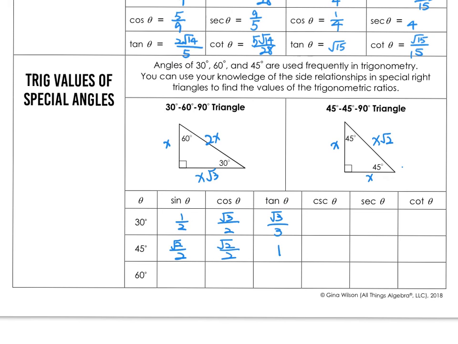And for 60 degrees, opposite over hypotenuse, adjacent over hypotenuse, and then tangent is opposite over adjacent. Okay, once you know sine, cosine, and tangent, the rest is simply the reciprocal of it, and make sure you simplify it to give me these final answers.